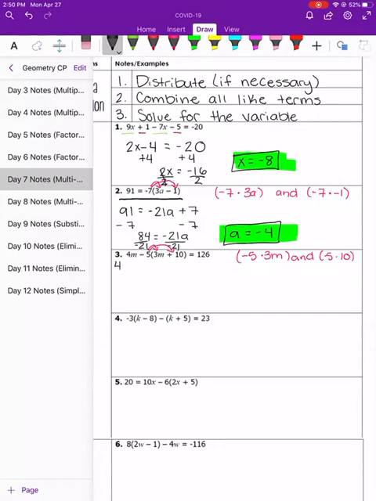So there's nothing I can do with the 4m right now, so I'm going to go ahead and bring that down. Negative 5 times 3m is negative 15m. Negative 5 times 10 is a negative 50 equals 126.